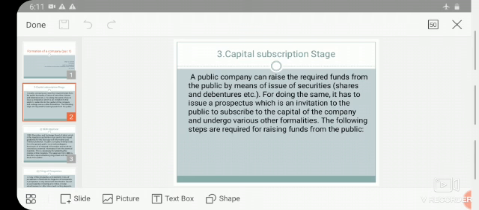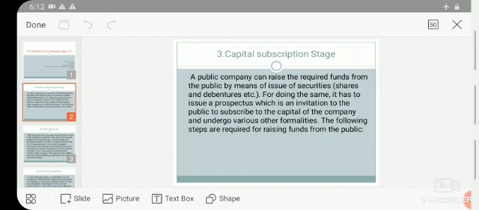In this third stage, the public company is going for collecting its required amount of share capital. But when the company is collecting its required amount of share capital in this third stage, it has to follow the following guidelines, or the following steps have to be followed by the public company.